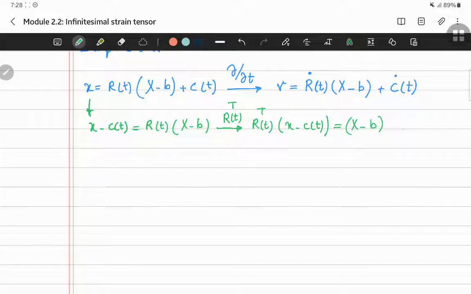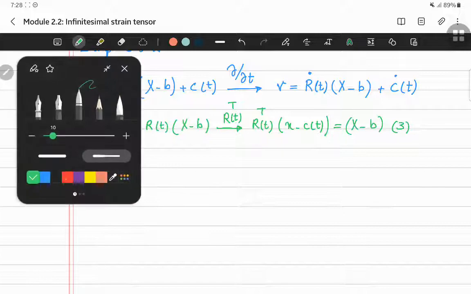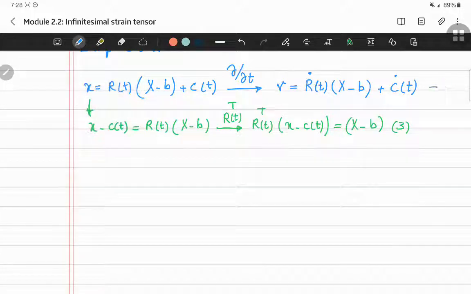So now I say that this is 3 and this is 4. So we substitute 3 in 4 and we get v is equal to R dot(t).